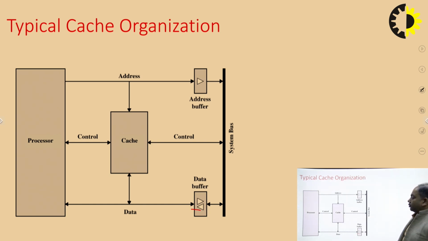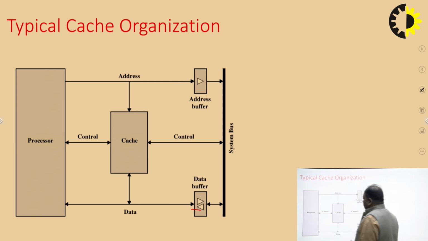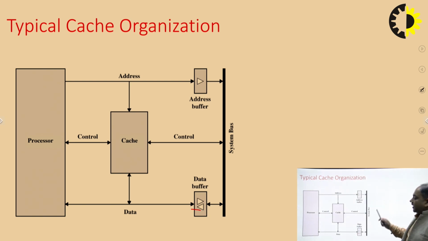So from the processor to cache and to the memory, we are transferring the address, and the cache controls this procedure of transferring the address, because that address is also contained in the cache in the form of blocks, and it is the same in the case of data. All these are connected with the system bus, and the system bus contains all three types of buses, which are the address bus, data bus and control bus.